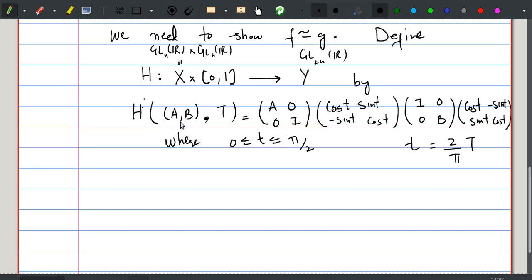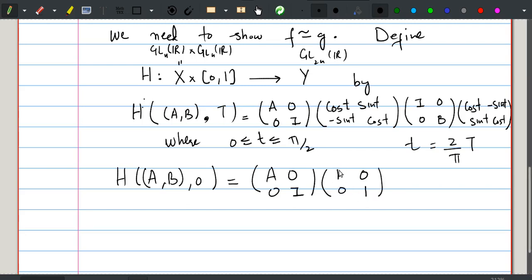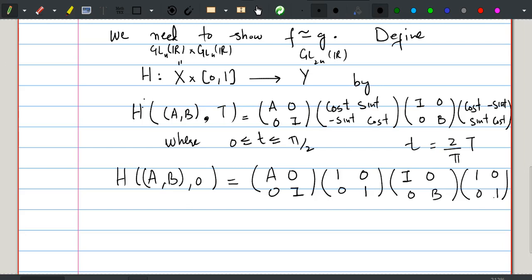Now what we had to prove: when we restrict T to 0, what do we get? H of AB at 0 will be equal to A 0 0 I times 1 0 0 1. Actually this is the identity matrix over here, and this is I 0 0 B, and finally 1 0 0 1 here.